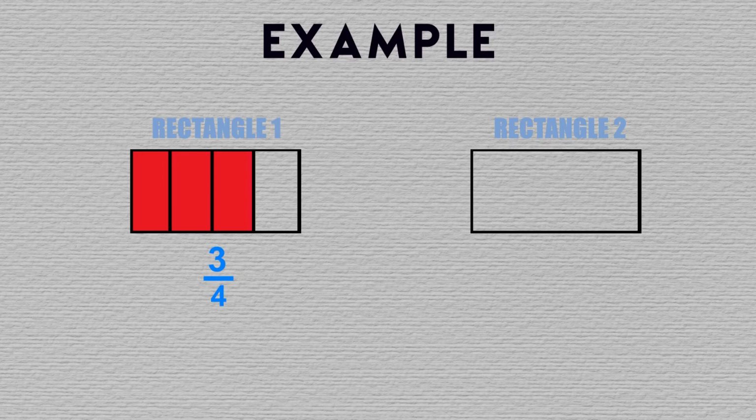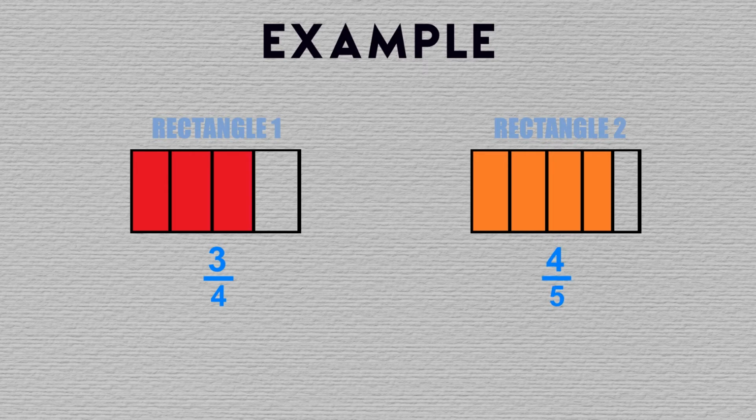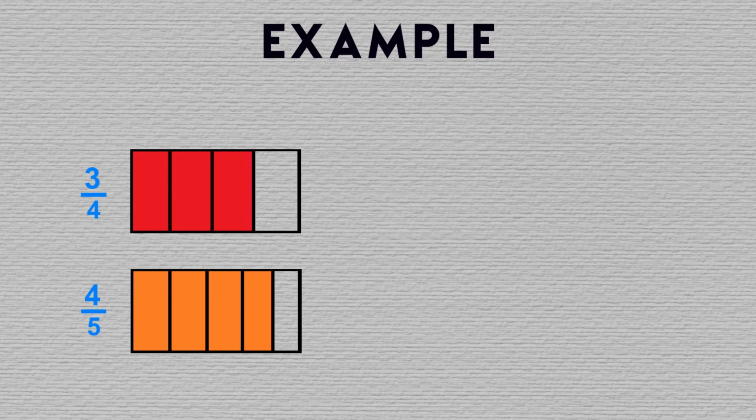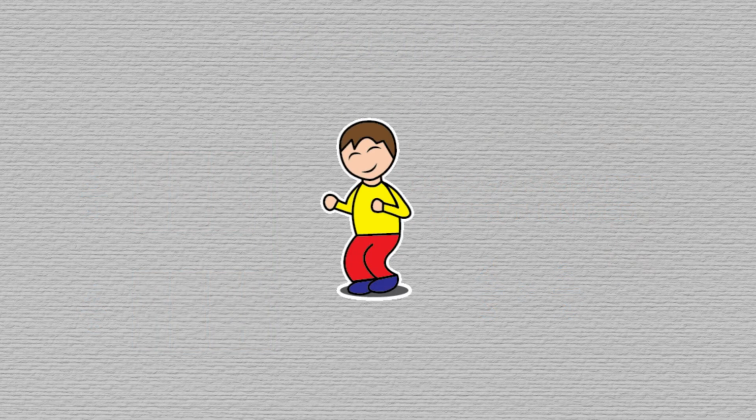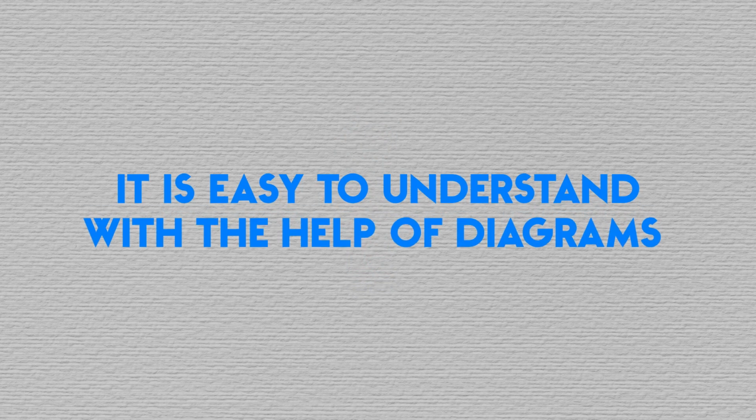The second rectangle will be divided into 5 equal parts and we will shade 4 of them to represent 4/5. Now, to compare, we need to check which rectangle is shaded the most, and that tells us 4/5 is greater than 3/4. That wasn't so hard, right? It seems very easy with the help of diagrams.